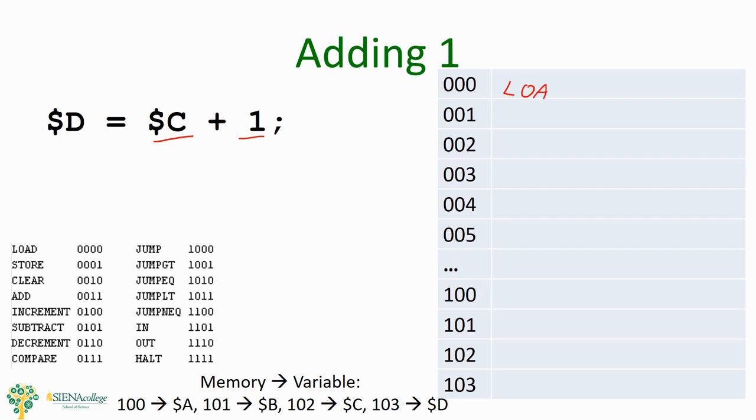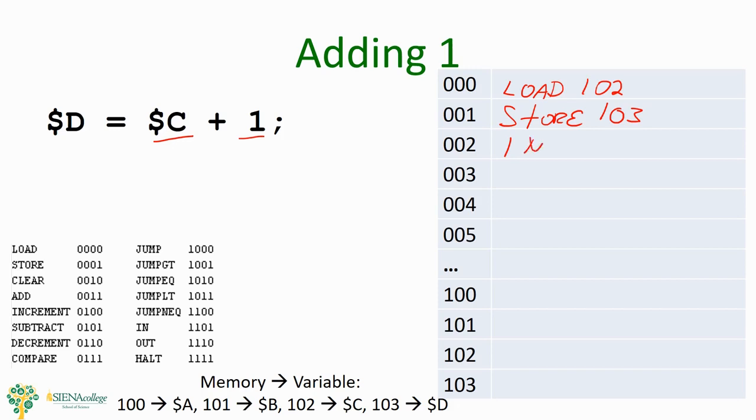So, load C. C is at location 102, so that puts the value of C into the register. We're then going to store that value from the register into 103. So D now has the same value as C.